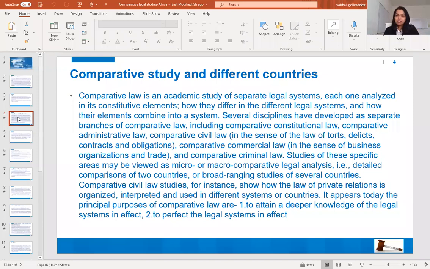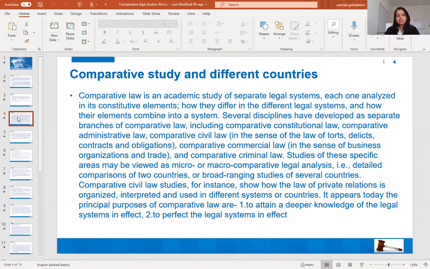Several disciplines have developed as separate branches of comparative law, including comparative constitutional law, comparative administrative law, comparative civil law, like torts, delicts, contracts, and obligations, comparative commercial law, and comparative criminal law. Studies of these specific areas may be viewed as micro or macro comparative legal analysis, that is, detailed comparisons of two countries or broad-ranging studies of several countries.